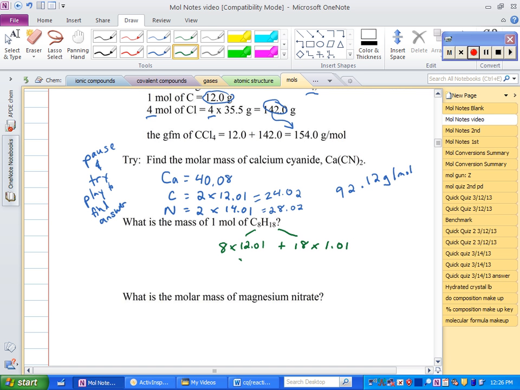So that's 96.08 plus 18.18. Add them together, and we have 114.26 grams per mole.